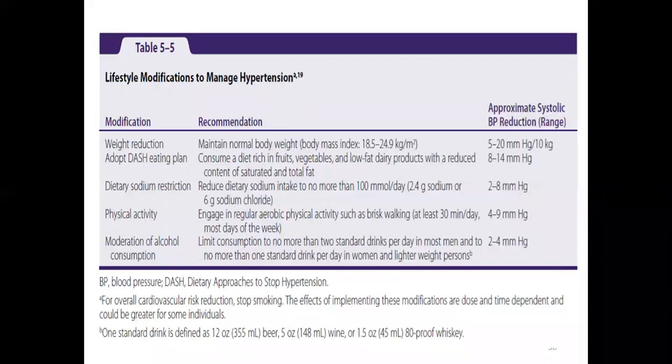If you adopt that diet, you can see 8 to 14 millimeters of mercury reduced. With dietary sodium restriction, you can reduce 2 to 8 millimeters of mercury. So even without taking any pharmacological molecule, you can see how important lifestyle modification is to control blood pressure. It is good to advise even our grandparents about this issue.